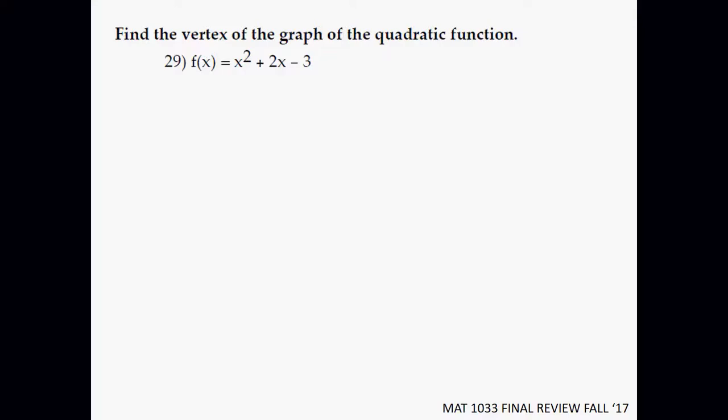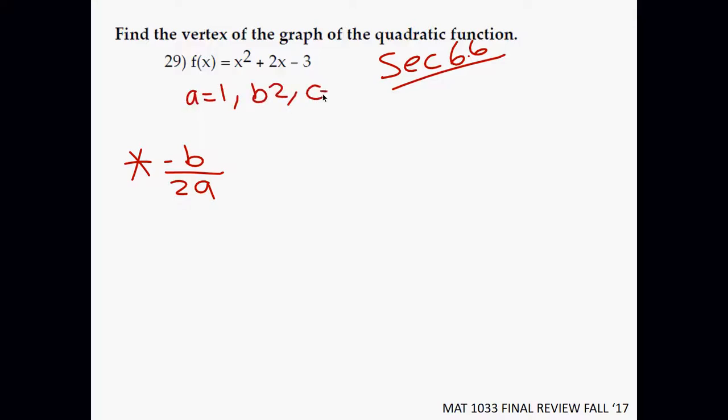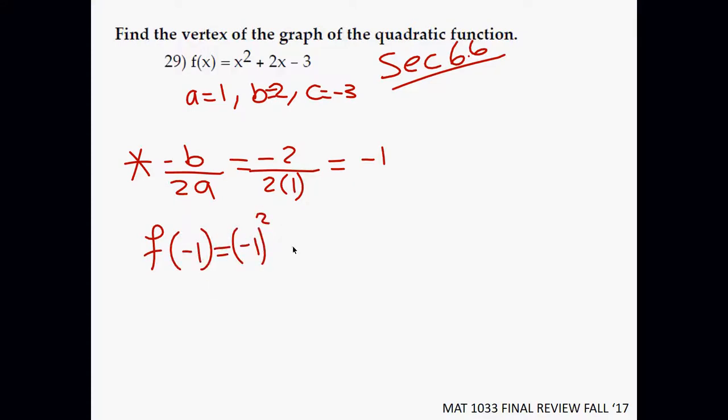Find the vertex, and this is from section 6.6. Again, for the vertex, we have to find first negative b over 2a, and a is 1, b is 2, c is negative 3. So that will be negative 2 over 2 times 1, which is negative 1. And now we need to find f of negative 1, which is equal to negative 1 squared plus 2 times negative 1 minus 3.